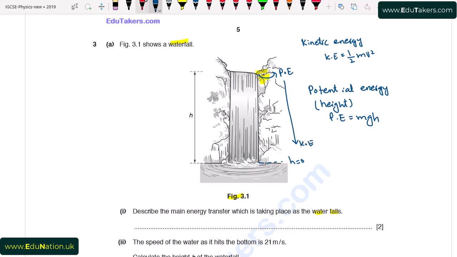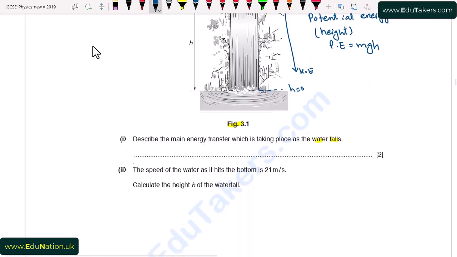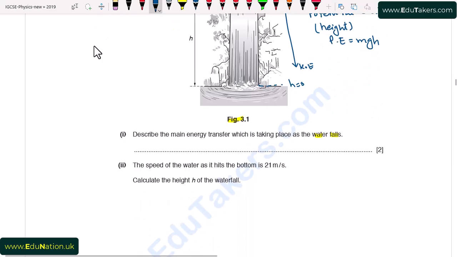So I write here, as the water falls, all of the potential energy changes into kinetic energy. So energy changes from gravitational potential energy to kinetic energy.